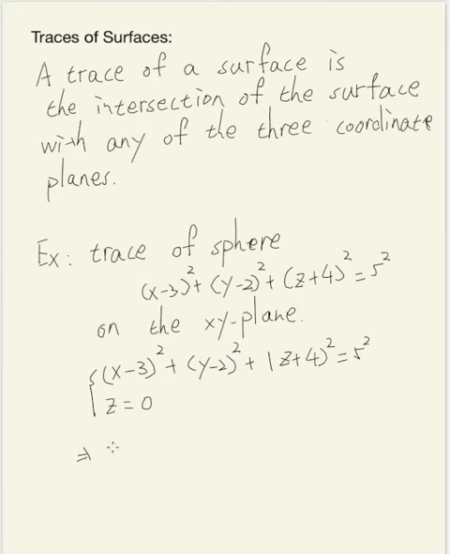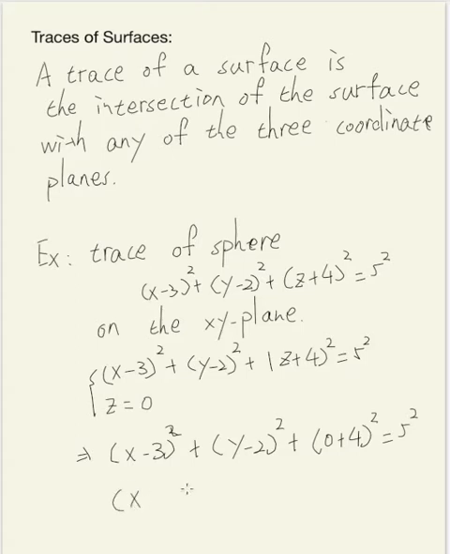Now let's plug z equals 0 into the first equation. We get (x minus 3) squared plus (y minus 2) squared plus (0 plus 4) squared equals 5 squared.